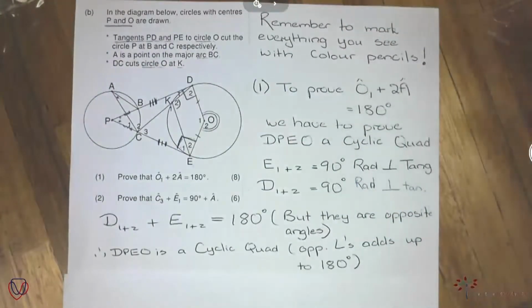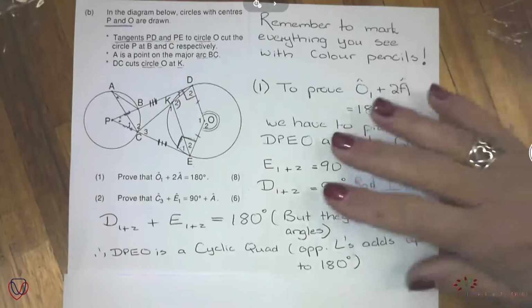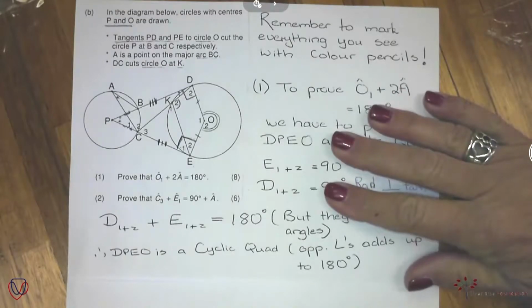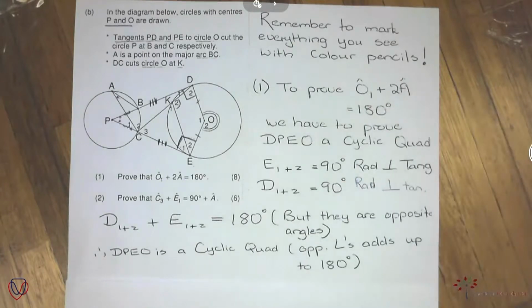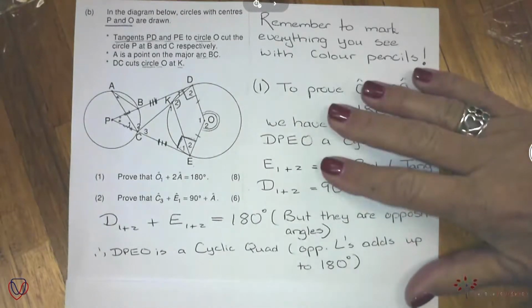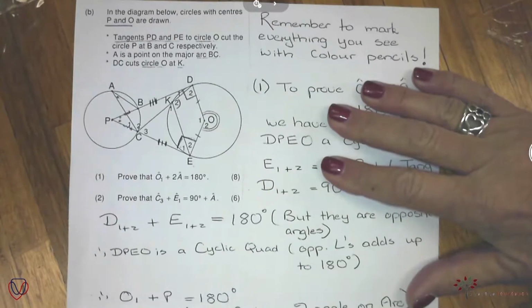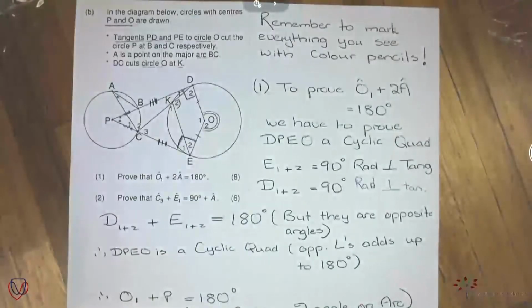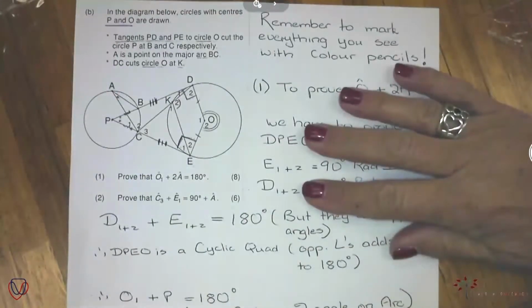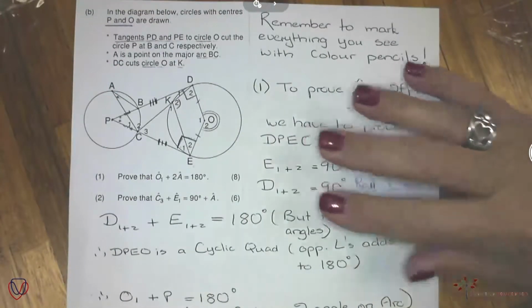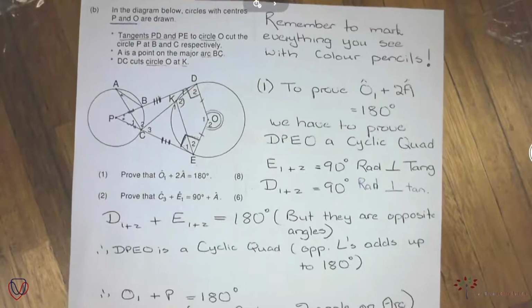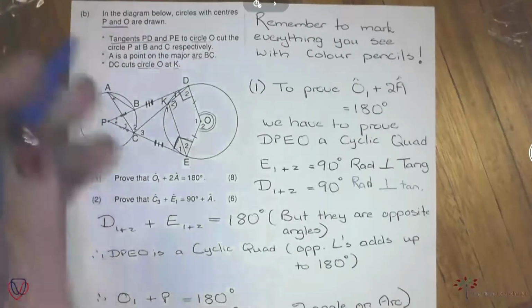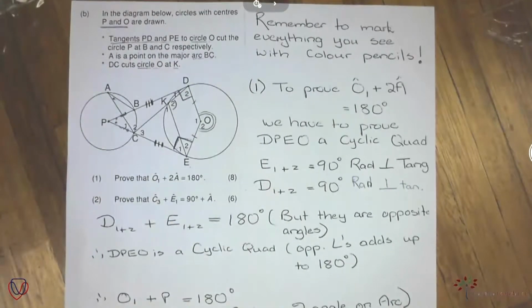And now we can use all the properties of a cyclic quad to go to our other proofs. Right, let's have a look. If DPEO is a cyclic quad, it means O1 plus P will be 180. But P is 2A. We've got to give a reason for that. We've marked it, but we can't assume it's true before we give a reason.